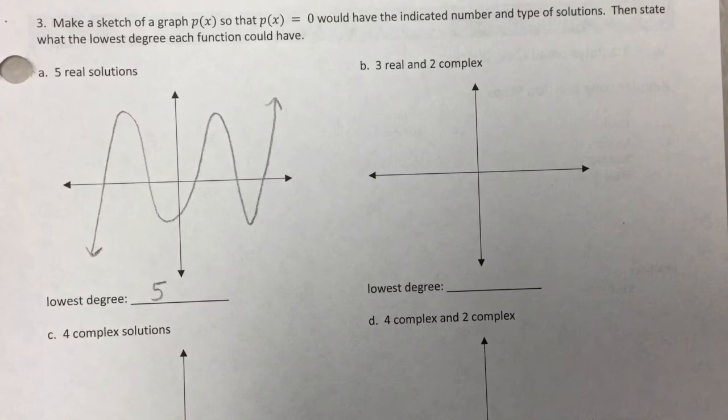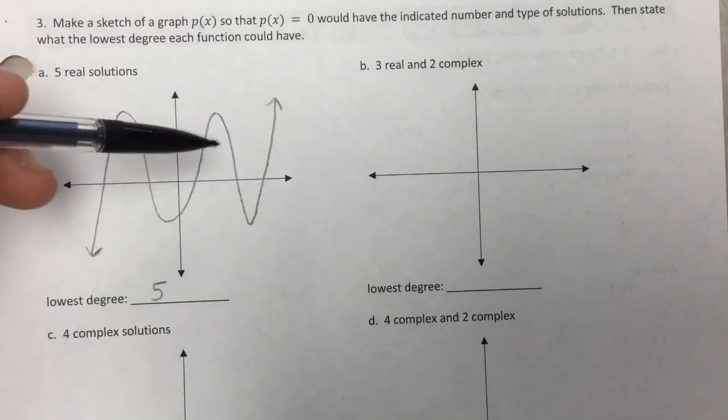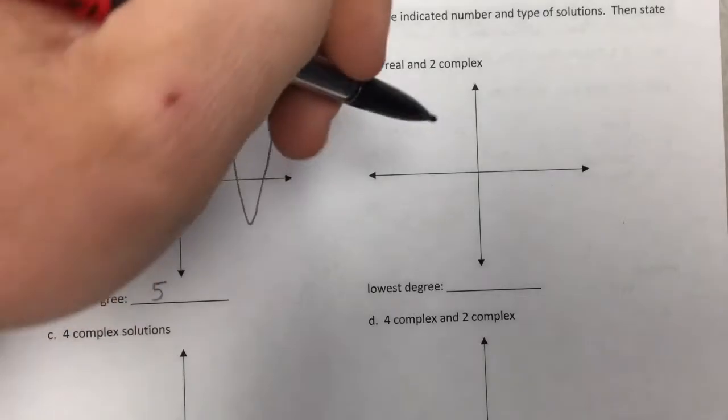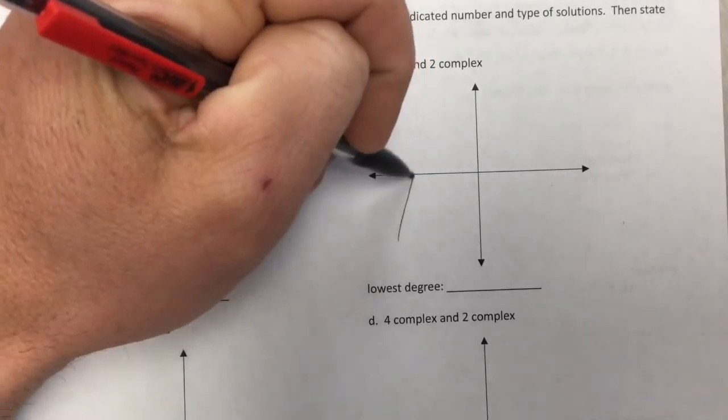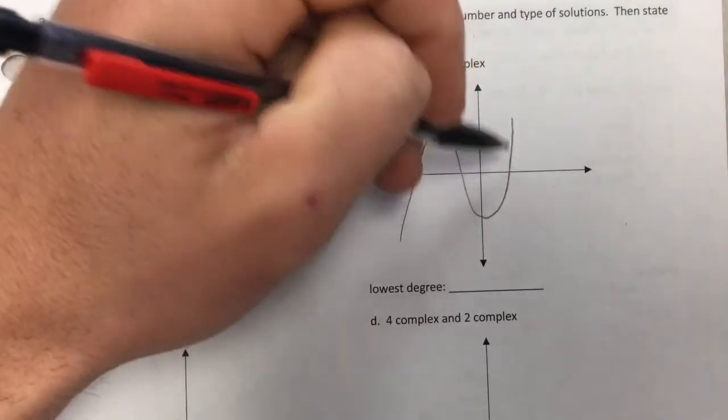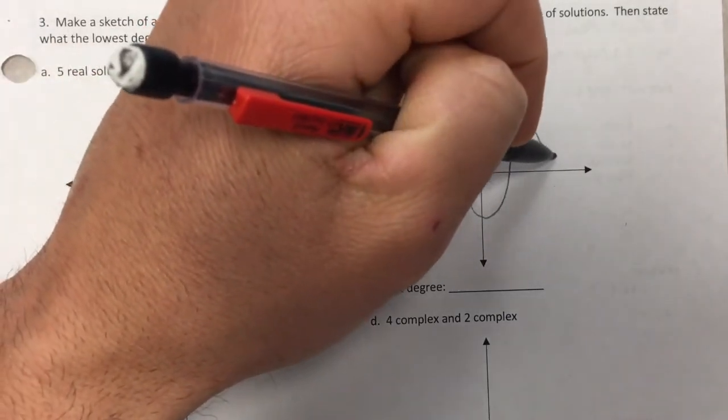If I did 3 real and 2 complex, then I would do something similar to what I have here, but I just need to make sure I'm not going down as much at one point. So I'm going to go 1, up and down and up. So that is 3. I'm going to go down and then up.